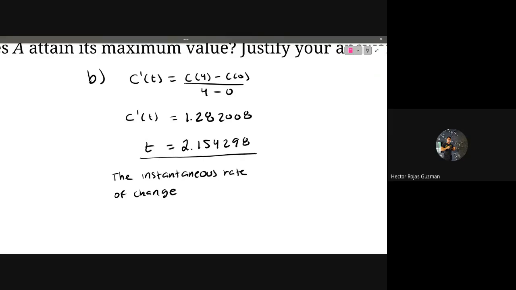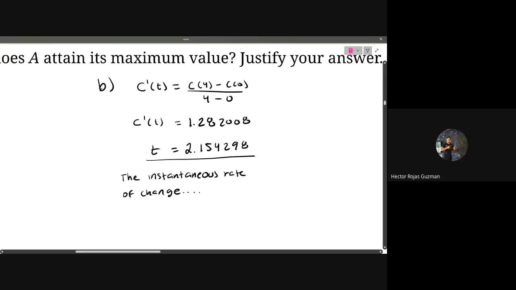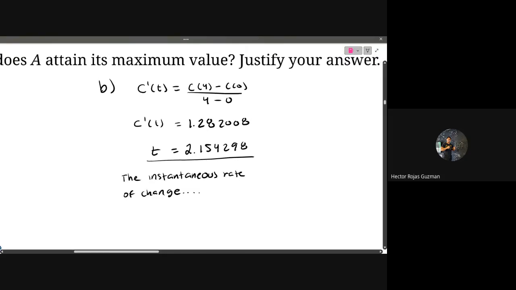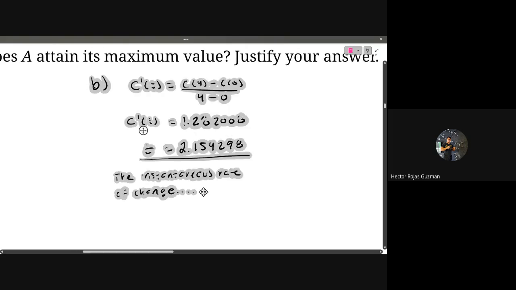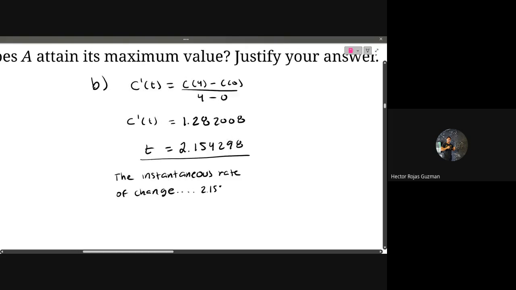You know what? I'll let you guys finish that. But I'll tell you what it is. The instantaneous rate of change equals the average rate of change at 2.154298. And they don't even tell us if it's weeks, right? Yeah, t weeks. 2.154 weeks.